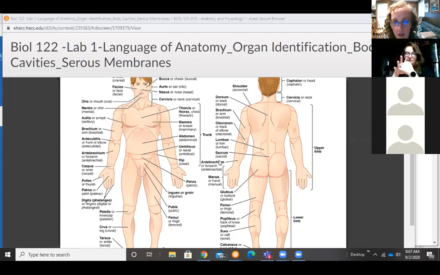Another example is this little area right here, the back of your elbow. This is your olecranon, on your ulna. Grab the back of your elbow right here, and you know that in your arm you have a radius and an ulna.